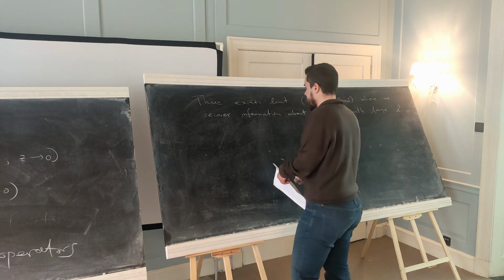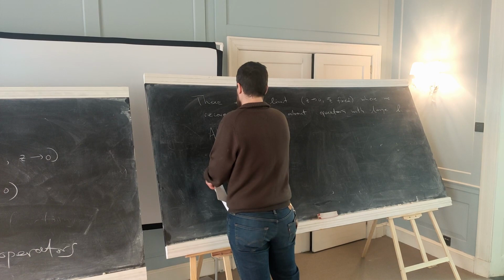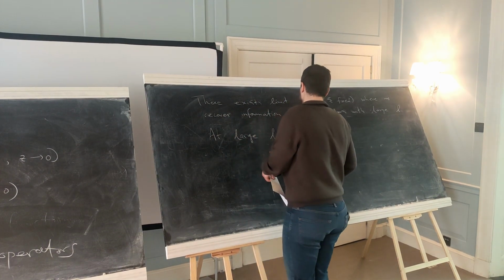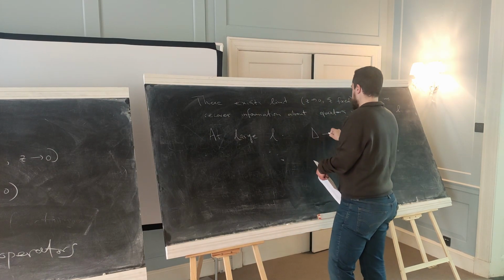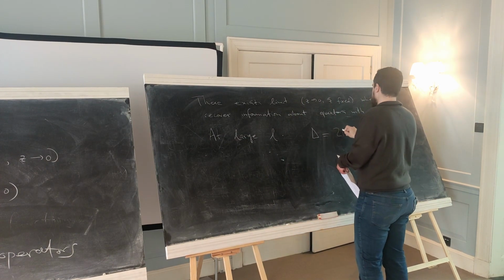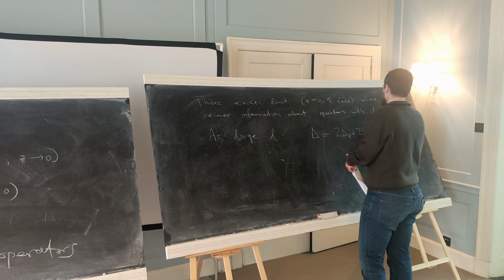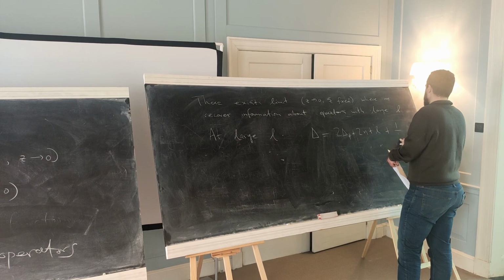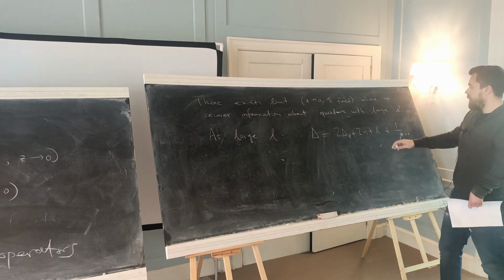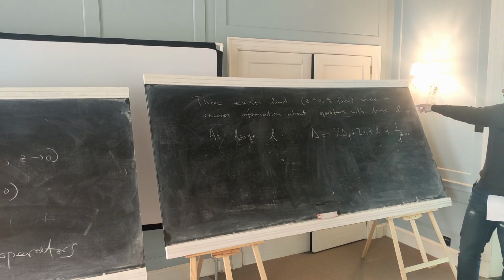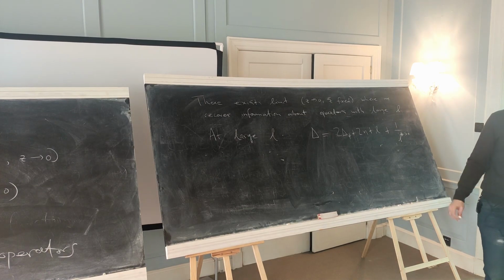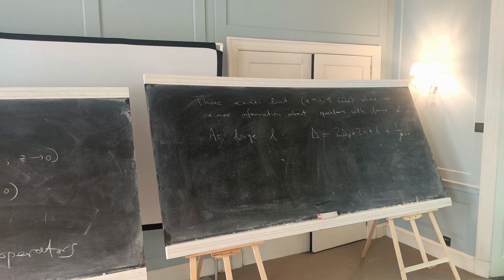It says that at large L, in any CFT, there exist operators with dimensions delta, which take the form 2 delta phi plus 2n plus L plus 1 over L to some power that's bigger than 0, where n and L are integers. L is the spin, and n is some integer, starting at 0 all the way to infinity.